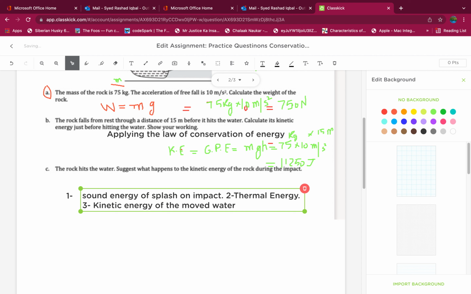So these are the transfers of energy. When the rock falls in the water, definitely waves will be produced. So the kinetic energy will be used for these processes.